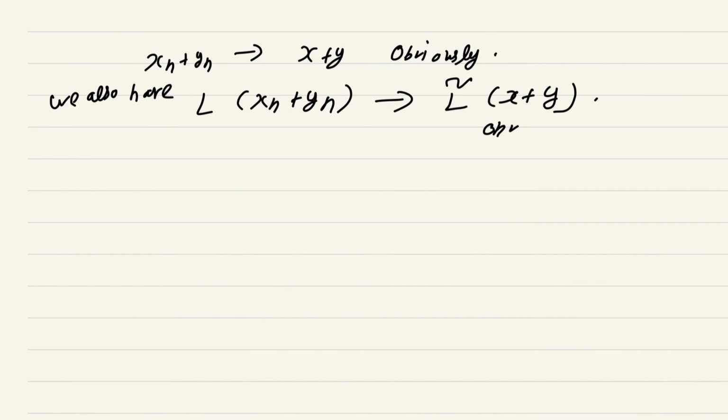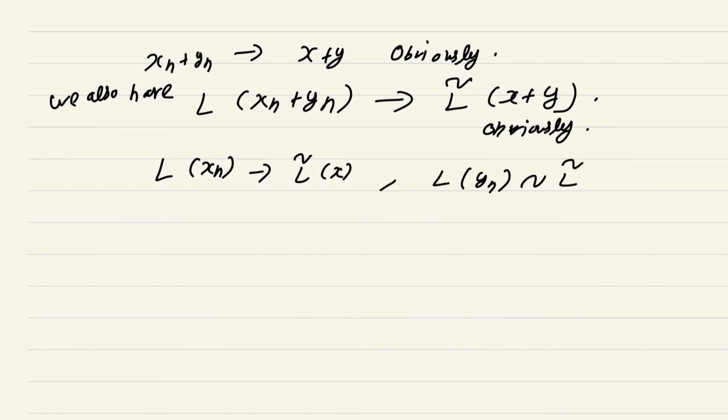Obviously, this follows from the very fact that L tilde is a continuous extension, and since xn plus yn converges to x plus y, L of xn plus yn must converge to L tilde of x plus y. Now similarly we have L of xn converges to L tilde of x and L of yn converges to L tilde of y. This is again by the fact that L tilde is a continuous linear extension.